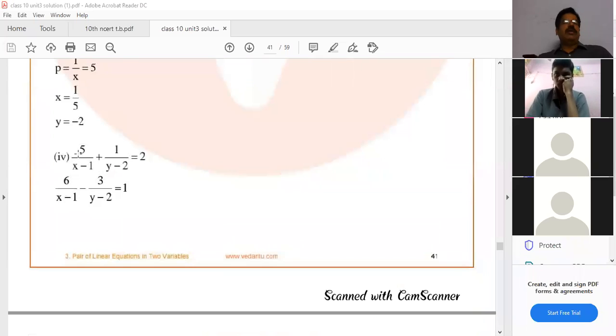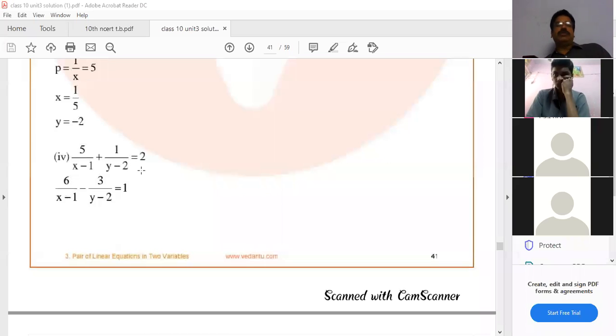Okay, and now see the fourth one. Fourth one is somewhat different model. 5 by x minus 1 plus 1 by y minus 2 equal to 10. 6 by x minus 1 minus 3 by y minus 2 equal to 1. Here, binomial is there. So we have to suppose this full binomial, 1 by x minus 1, as p. 1 by y minus 2 full, you have to suppose as q.